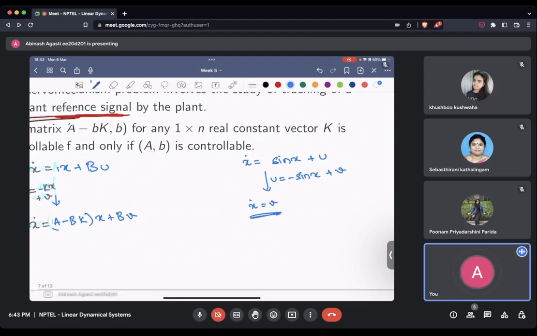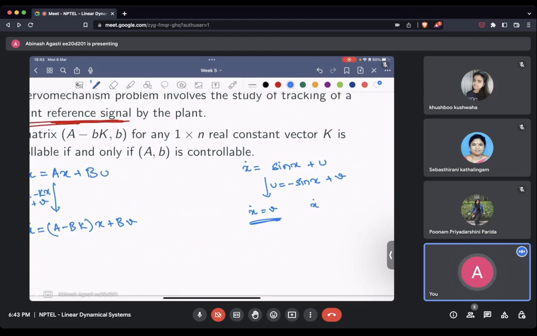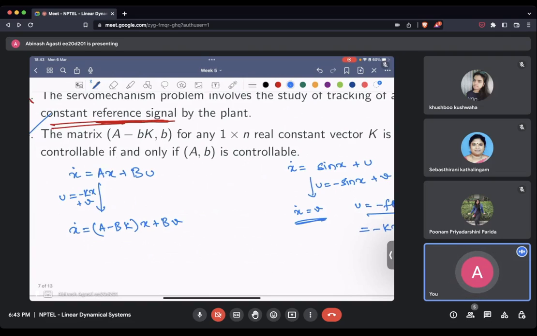Okay, so here what we did was u equal to minus f of x plus g of x plus some v. So for linear systems, we'll have this as minus Kx plus some v. So that gives me this system. Okay, now similarly, if I just put in v as Kx plus u, then I'll get the original system back.